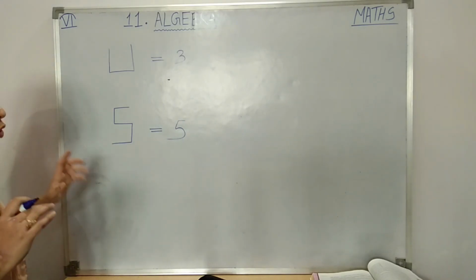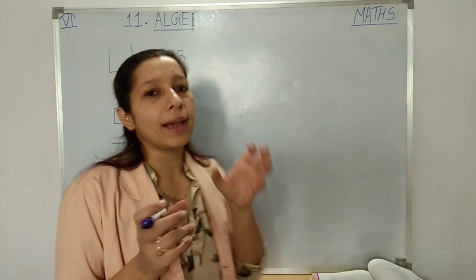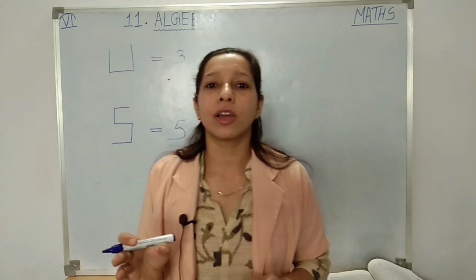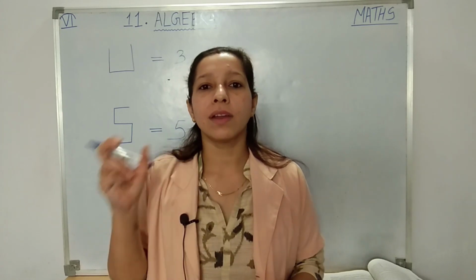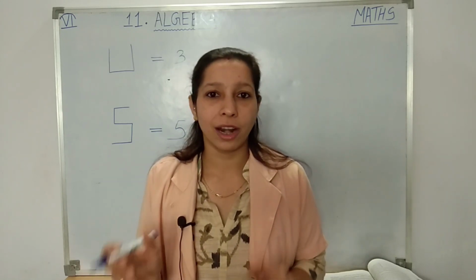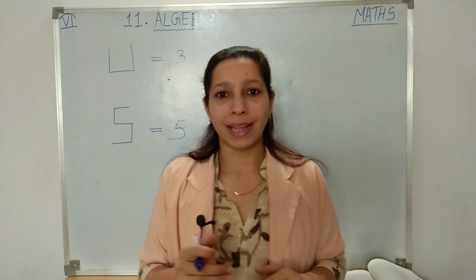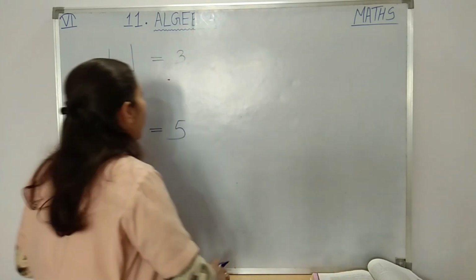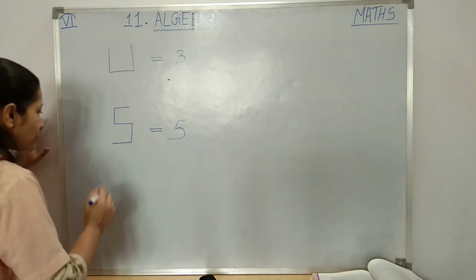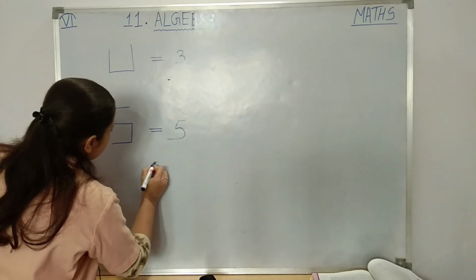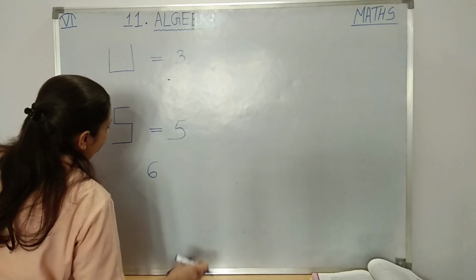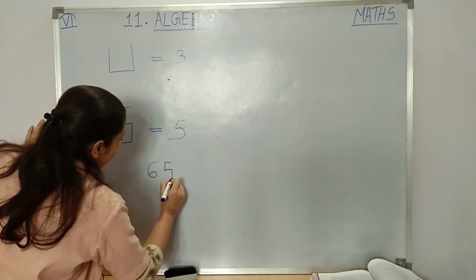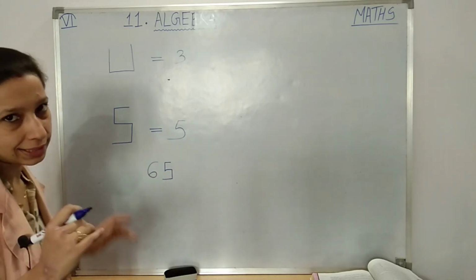Now students, every time whenever I want to make U, how many matchsticks I require? 3 matchsticks. If I want to make pattern for S, I will require 5 matchsticks every time, isn't it? But now the condition is, I want to make 6 S's using matchsticks only.